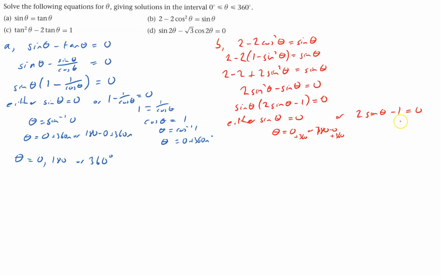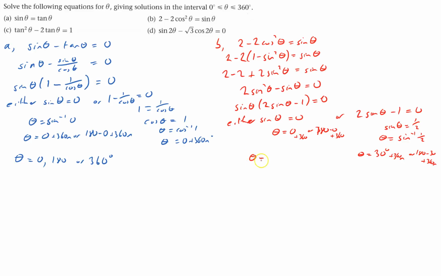Or 2 sine theta equals 1, so sine theta equals a half, and so theta equals sine to the minus 1 of a half, and so theta equals 30 degrees, or 180 minus 30 degrees, and each of those repeats every 360n degrees.